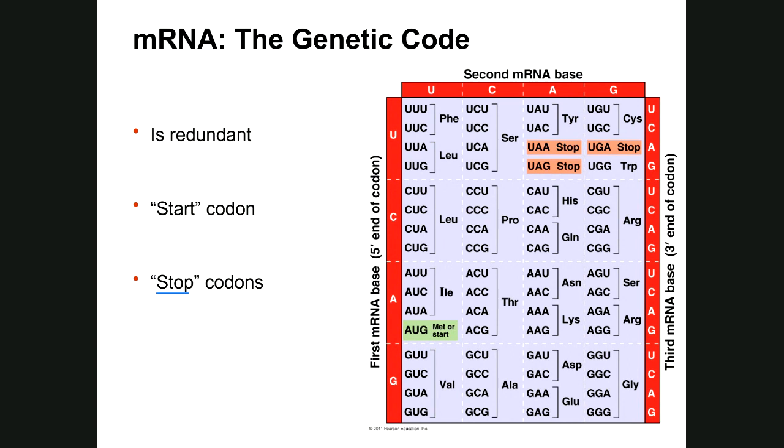So, of all the codons in the codon table that you have here, all but 3 code for amino acids. The 3 that do not code for amino acids are simply called stop codons. I put it on your notes. There are 3 stop codons you are responsible for knowing. They are UAA, UAG, UGA.